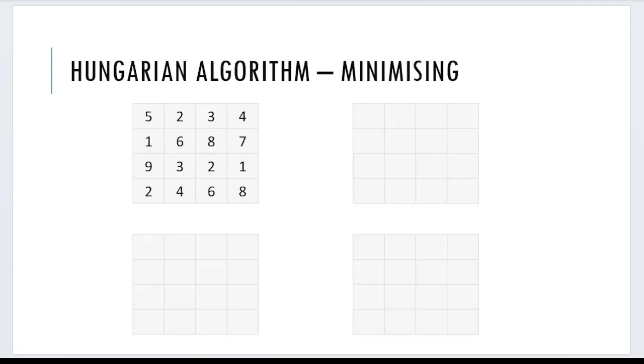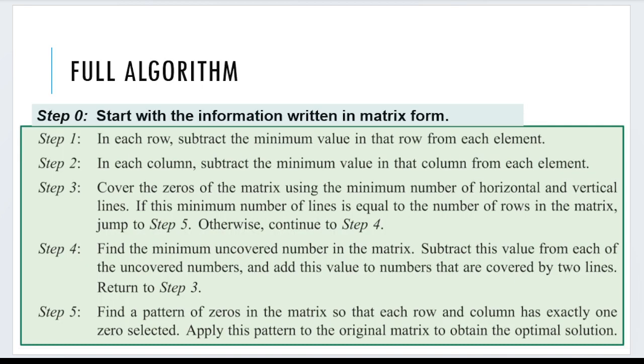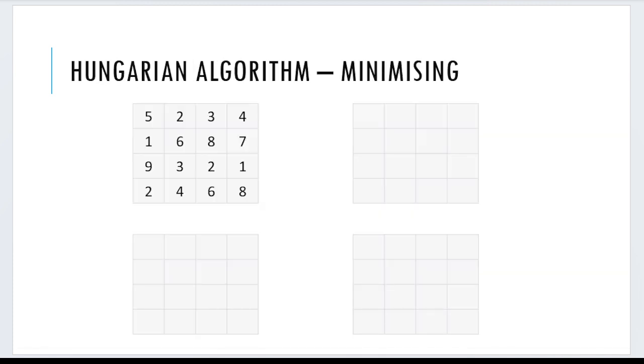So let's start out. We've got our matrix here. The first part of the algorithm is subtracting the minimum value of each row from everything in that row. Looking at our first row, our minimum value is 2, so we're going to take 2 away from everything there. Second is 1.